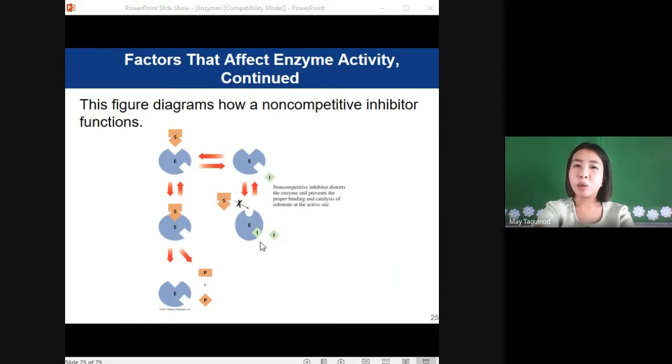This is the inhibitor, specifically the non-competitive inhibitor. Instead of going to the active site of the enzyme, they find a hole in our enzyme and enter there. When that happens, the substrate that should interact with our enzyme cannot enter. That is why the enzyme will not function properly.